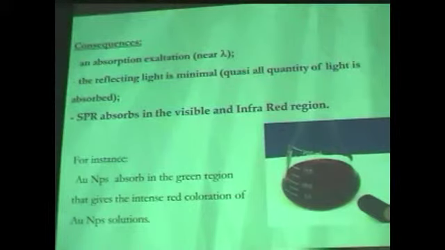It depends on the nature of the matter. So, for instance, the gold nanoparticles absorb in the green region, and this green absorption gives the intense red coloration of gold nanoparticulate solutions, as you can see here.